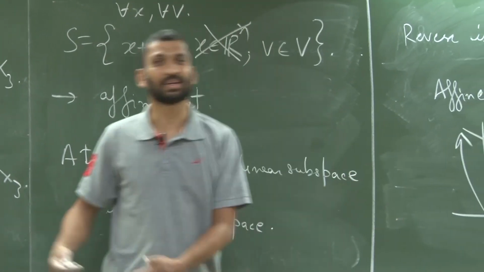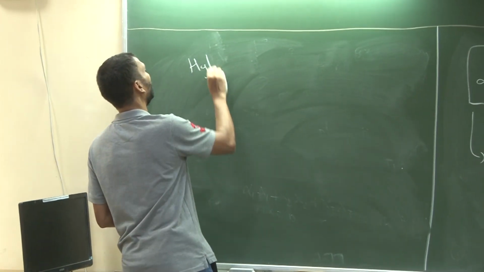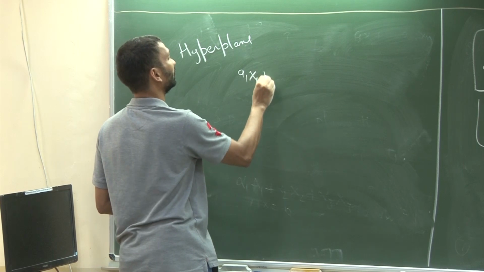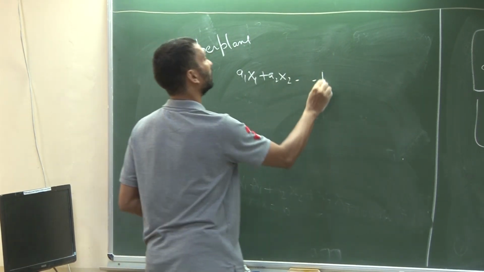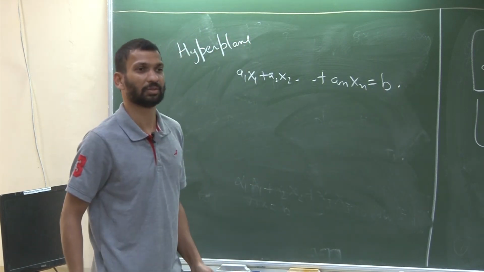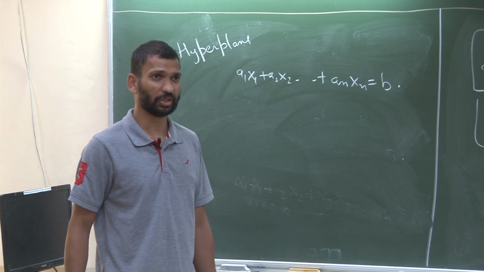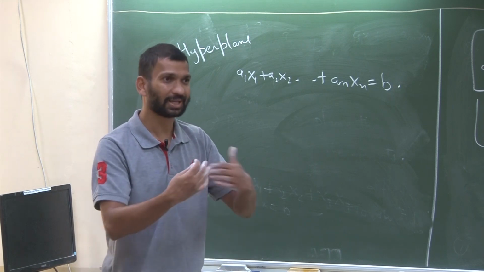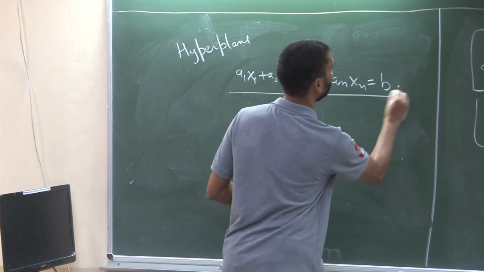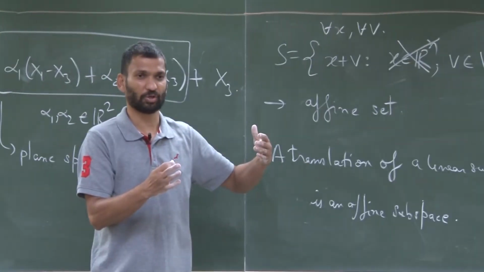For an affine set, it is going to be what we call a hyperplane. So again, this has both natures: I can write it as an equation, I can write it as a geometric object.